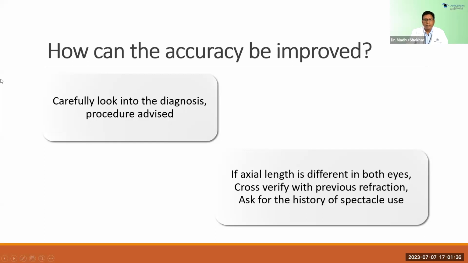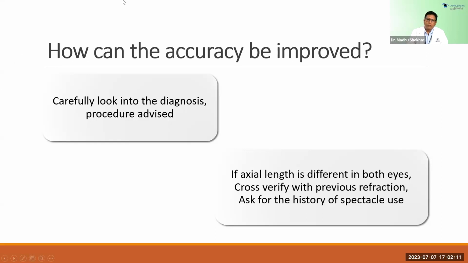So how can we improve our accuracy in this type of case? As Tamilarashi sister also told, in case of retinal detachment we can take the axial length of the other eye, but sometimes there will be chances of unilateral myopia also. So you have to ask the history of spectacle use, whether there was a difference in the spectacle power the patient was using, because if you blindly take the other eye, that also sometimes can cause refractive surprise.